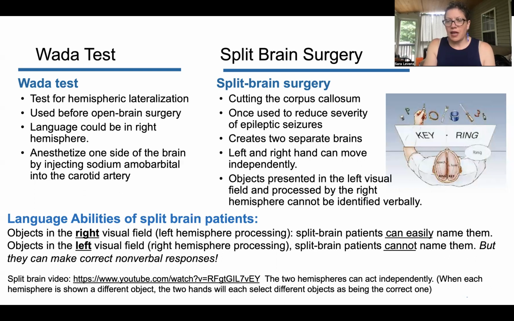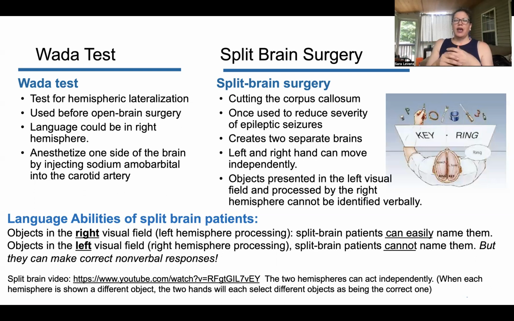If this person is picking up the ring, they can't name it, but if they're trying to show what it would do, they might show that you would put the ring on the finger. They can do all the things you would do interacting with the object.